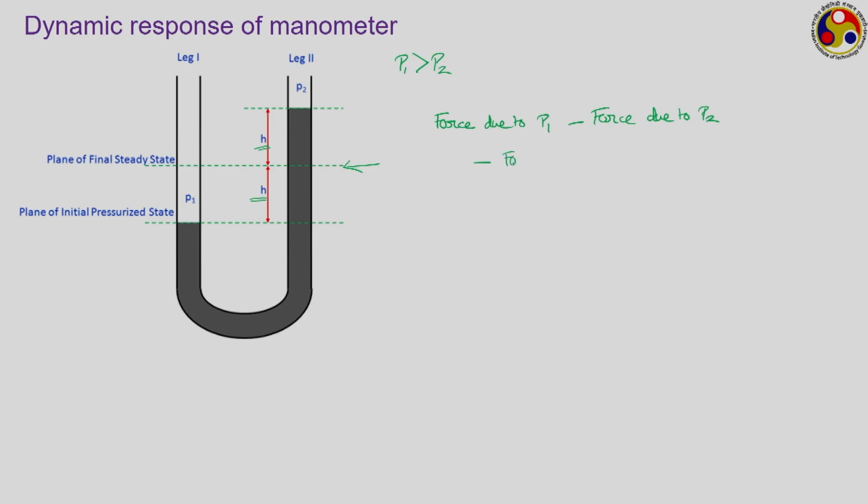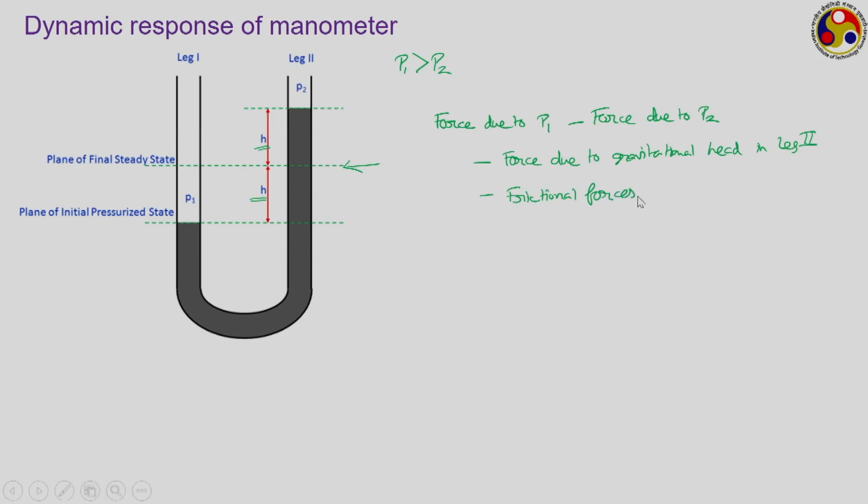So we may have a force due to the gravitational head in the second leg, minus the frictional resistance.